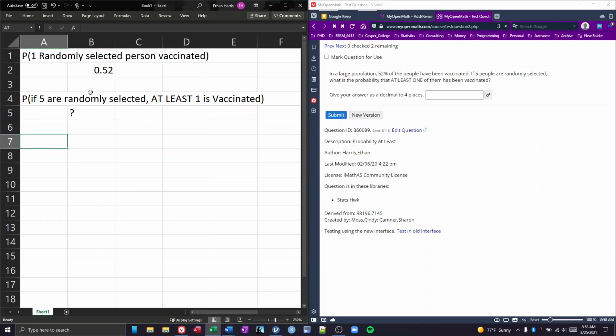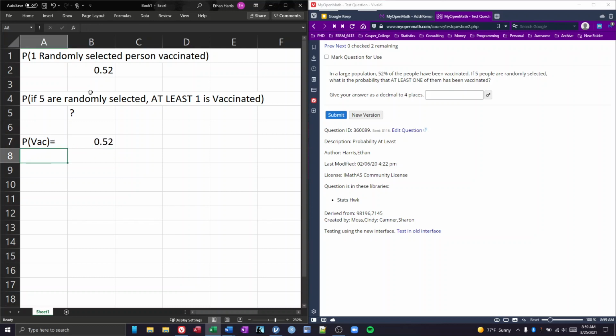Now, there are some things that we can do, and we can use some of our basic probability multiplication rules, and let's talk a little bit about what would happen if we take it one direction, and we'll see what happens. Okay, so first we have one randomly selected person is vaccinated. I'm going to shorten that down to just one vac, and that is equal to 0.52.